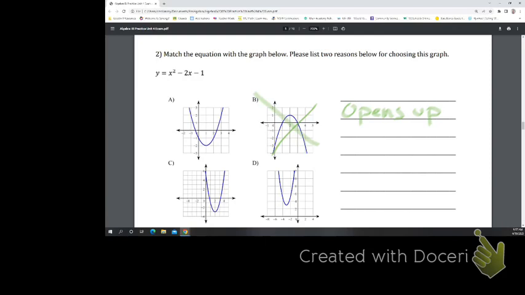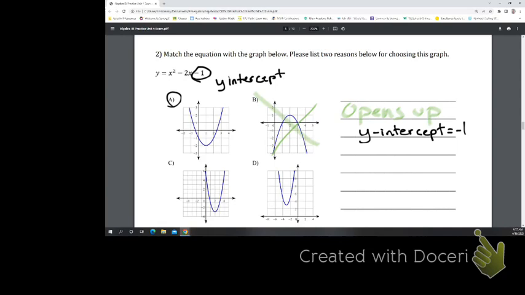And then remember the thing about C. This is the y-intercept. So which one of the other 3 is A, right? Okay, and the y-intercept is negative 1. So those are 2 reasons.